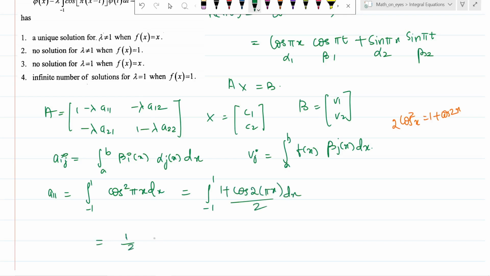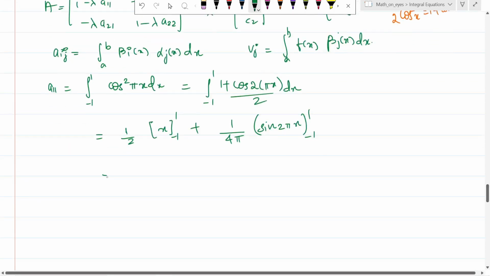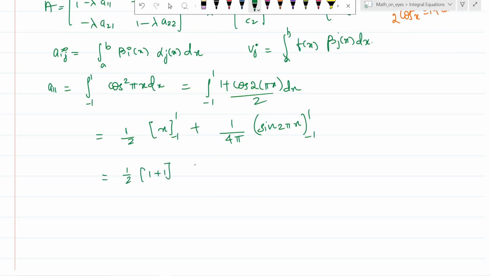When you integrate 1, you get x, lower limit is minus 1, upper limit is 1, plus when you integrate this part, it will be 1 divided by 4 pi sine 2 pi x from minus 1 to 1. So this is equal to 1 by 2 into 1 plus 1, and this part will give you 0. So it is equal to 1. So that implies A11 is equal to 1.